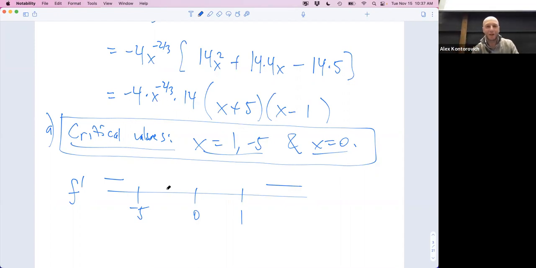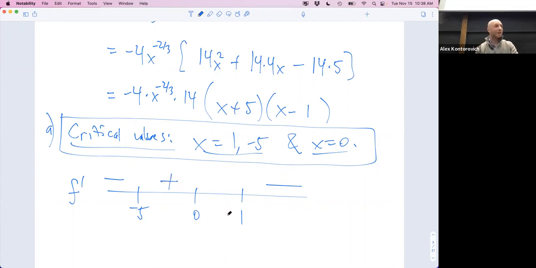Okay. When I'm between 0 and 5, again, this whole part is always negative. Let's just remember that. Between 0 and 5, this part is, I'm taking something negative and subtracting 1. This part's negative, and this part is positive.